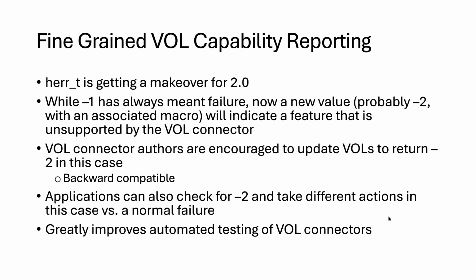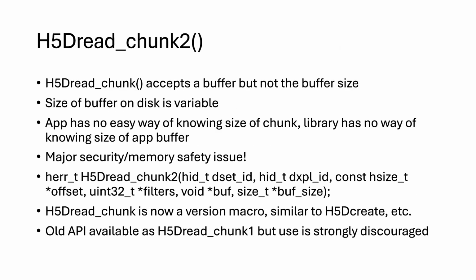All right, so then I'll move on to my third item I was going to talk about today, which is H5Dread_chunk2. This is probably the most important one for the general public. We're adding a new version of the direct chunk read function, H5Dread_chunk, which you may be familiar with.